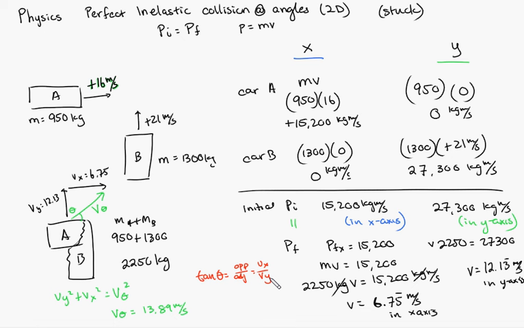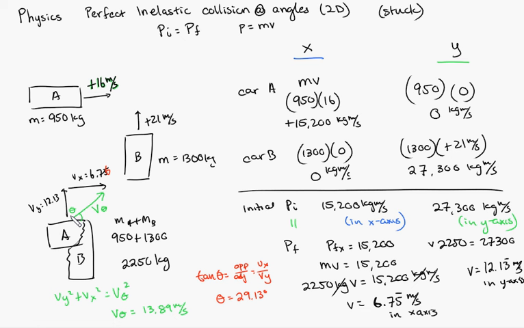Oh, let me redo that. 6.76. Sorry, since I rounded, this should be a 6.76 divided by 12.13. And you want to do the inverse tan of that. And I get an angle of 29.13. Now this is of this angle right here.